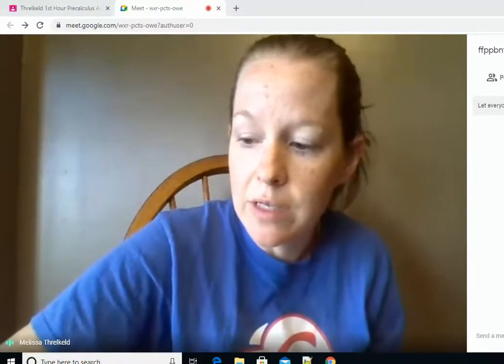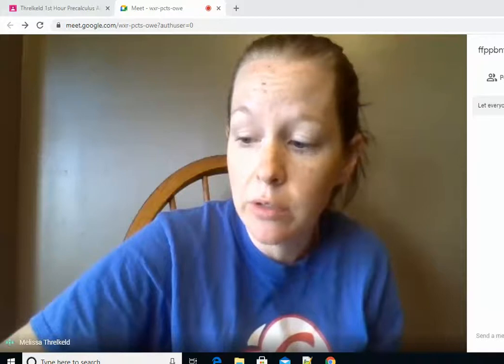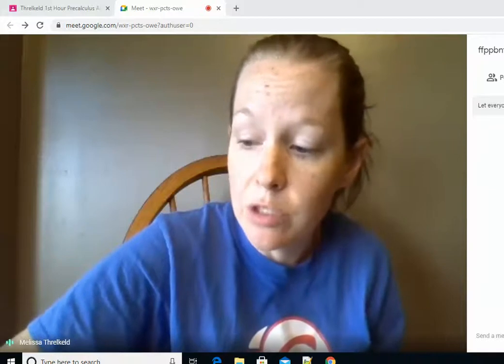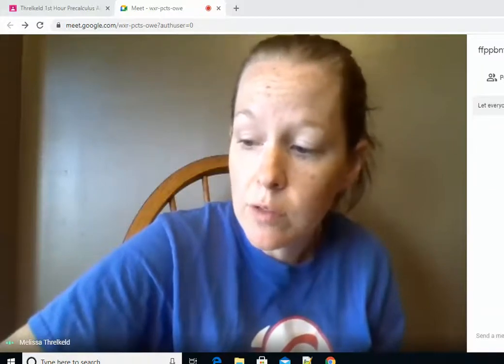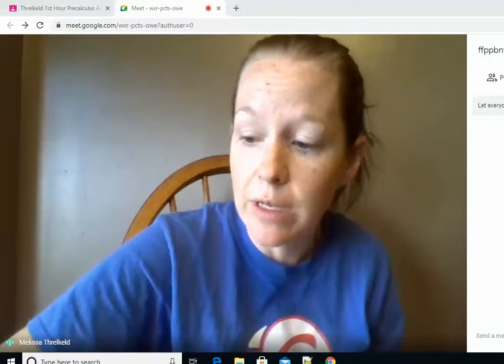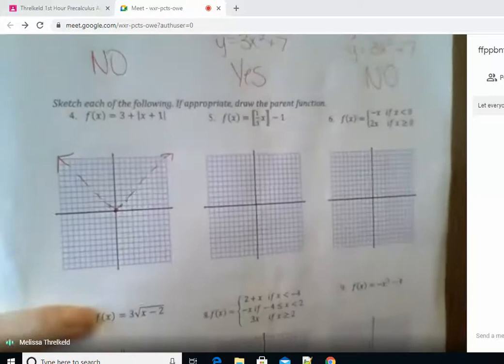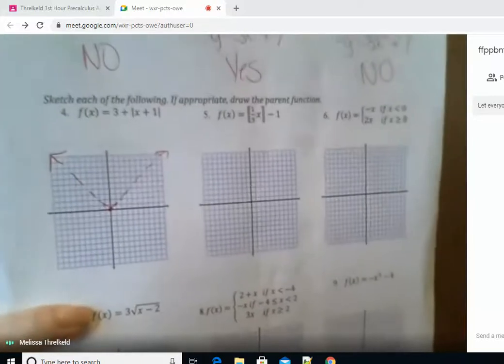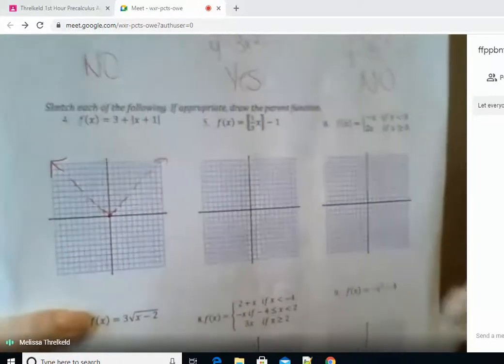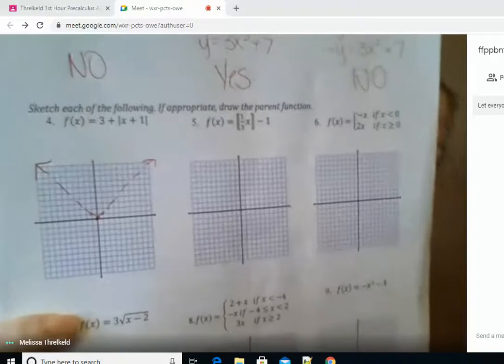Absolute value of 0 is 0, absolute value of 1 is 1, 2, 2, negative 1, 1, negative 2, 2. So do make sure that you have at least 3 of those clearly marked. I want your parent function to be dashed. Some people like to color code things. I know sometimes I have people that like to highlight their final graph or something. That's fine if you want to do that.